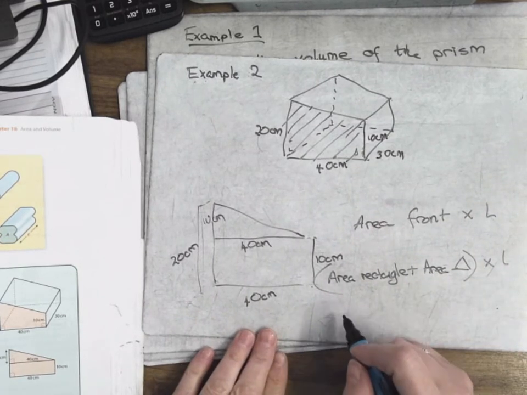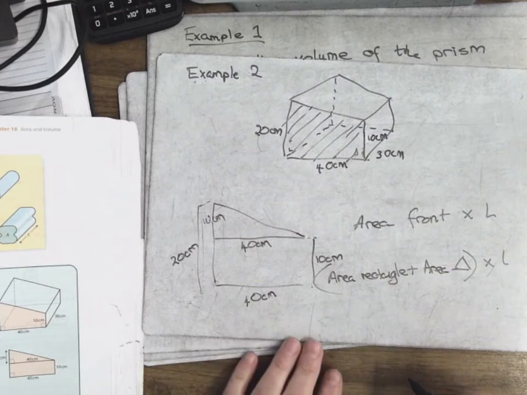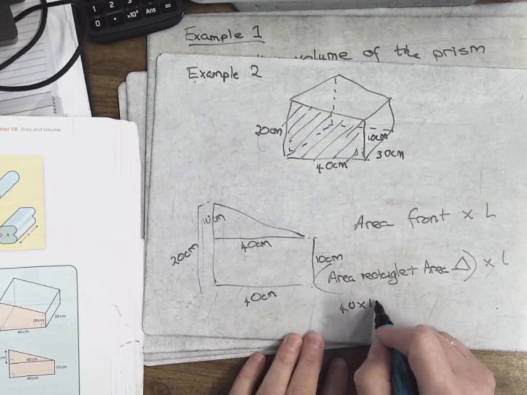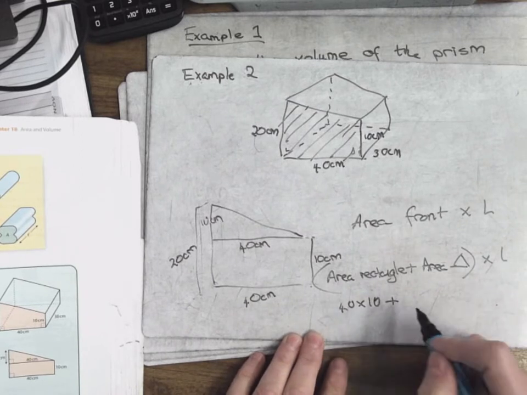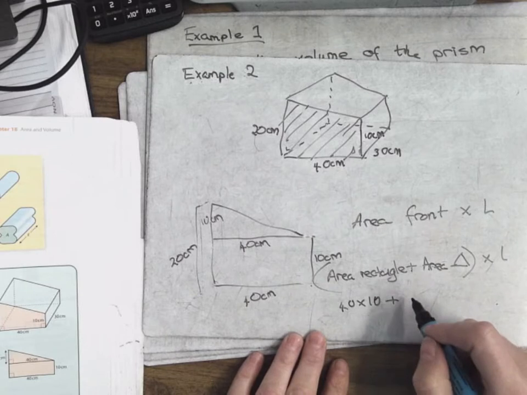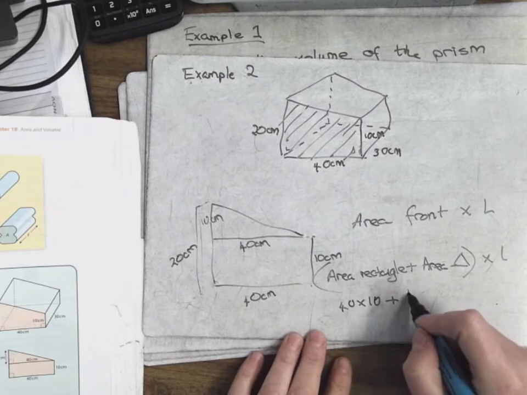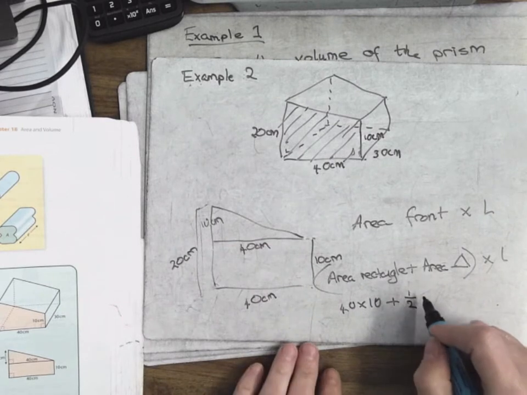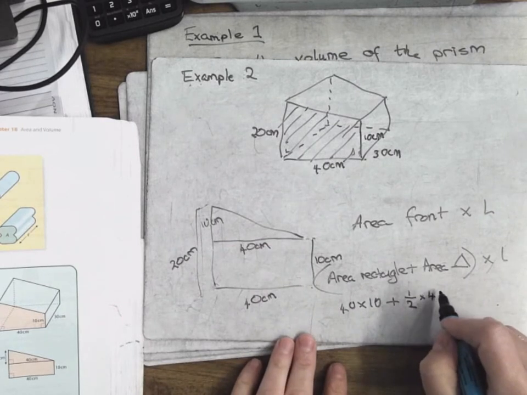So the area of the rectangle, what's the area of a rectangle? Length by width, isn't it? What would that be? 40 by 10. Agreed? Add. How to get the area of the triangle? It's a half the base by the perpendicular height. So a half, what's the base of that triangle? 40. What's the height?